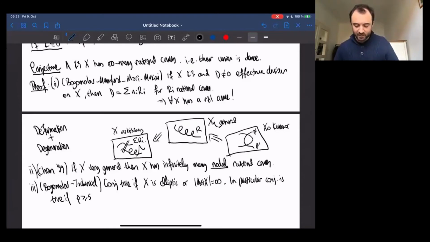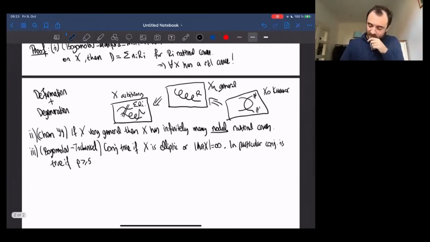Because if the Picard rank is at least 5, then the Picard lattice has to contain an isotropic vector, and we know that this implies that the K3 has to be elliptic. And we're also done with a very general one. So what remains is everything from Picard rank 1 until 4 that is not elliptic and has finite automorphisms.